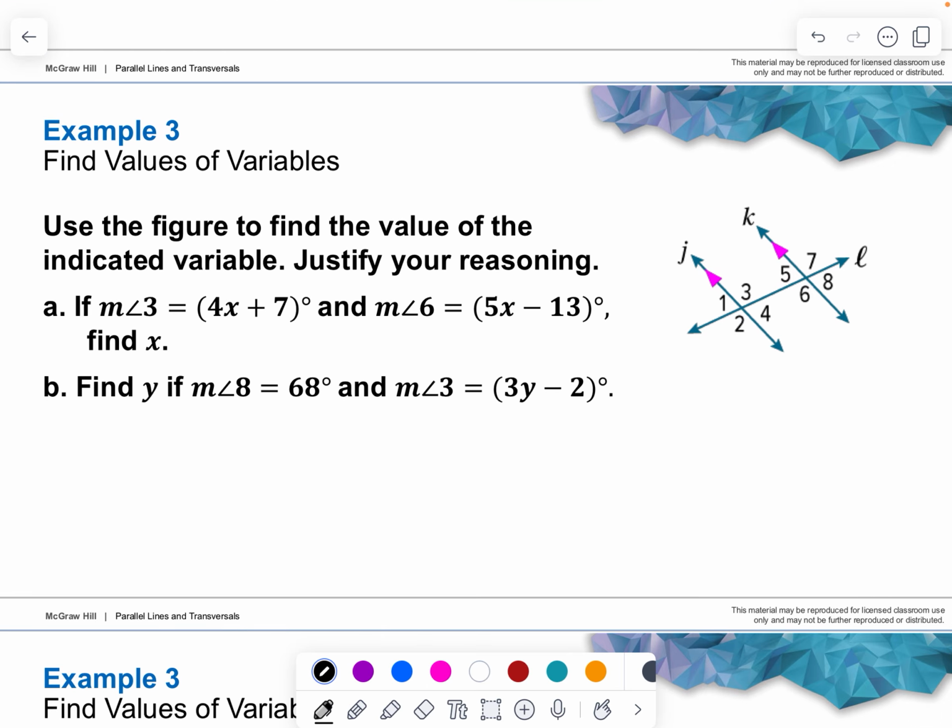Use the figure to find the value of the indicated variable. Okay, so they want to know if measure of angle 3 is 4x plus 7 and angle 6 is 5x minus 13, find x. And they tell us that these are parallel. Good. Well, these angles are on the interior and they are alternate, and alternate interiors are congruent.